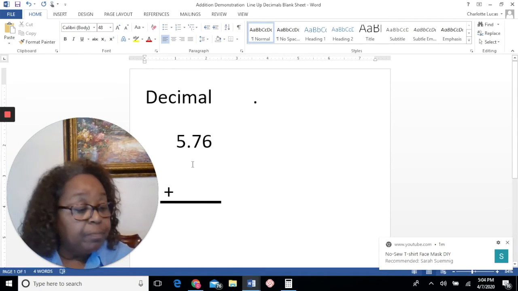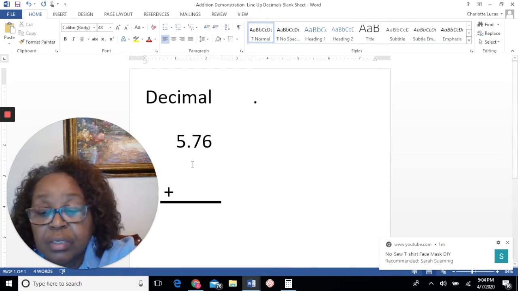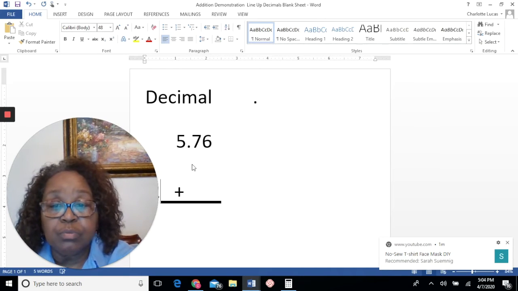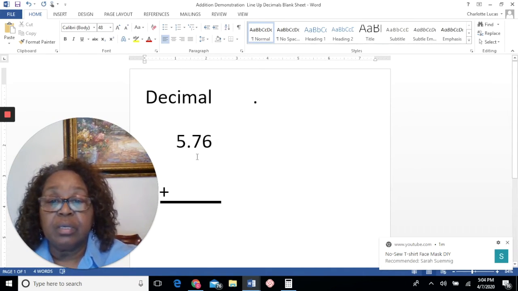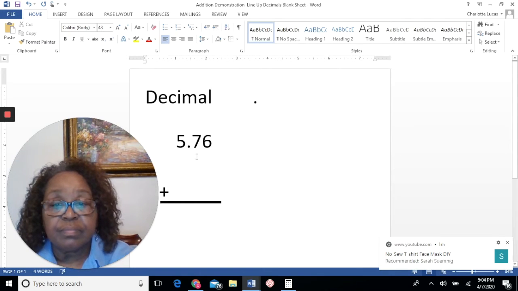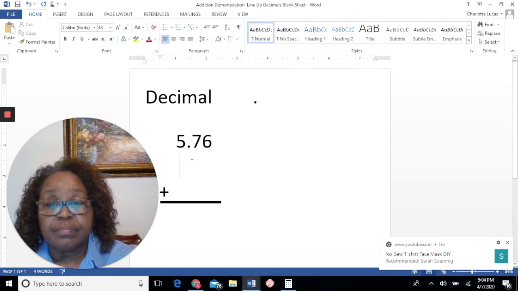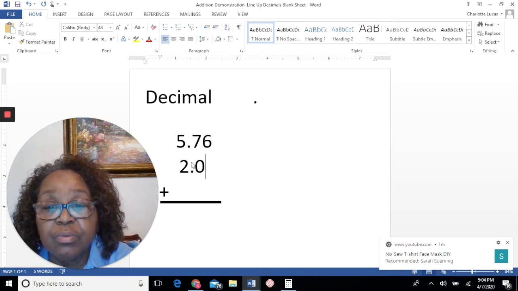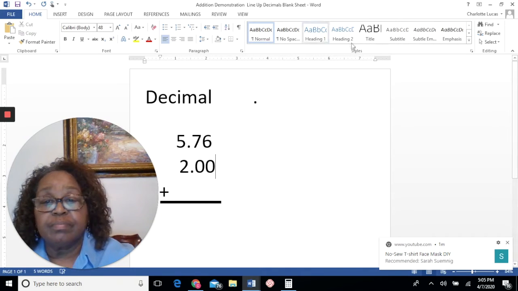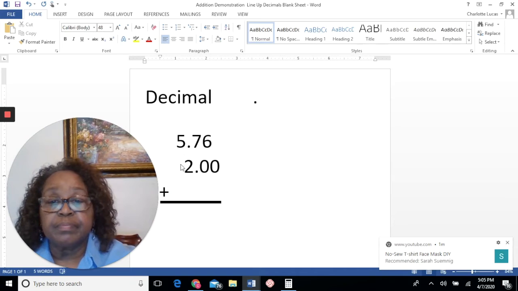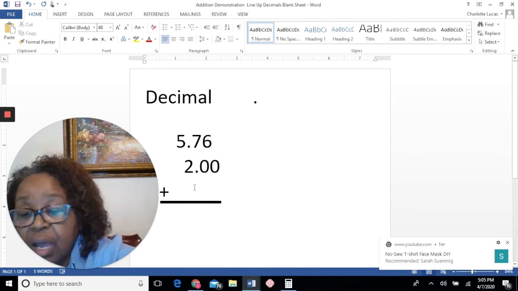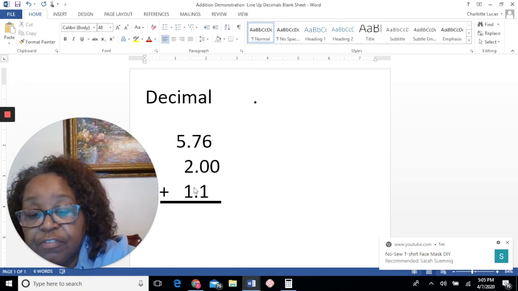Then if we line up $2 and 00 cents, let's move this over a little bit. $2 and 00 cents. And then our last number would be $1 and 15 cents.